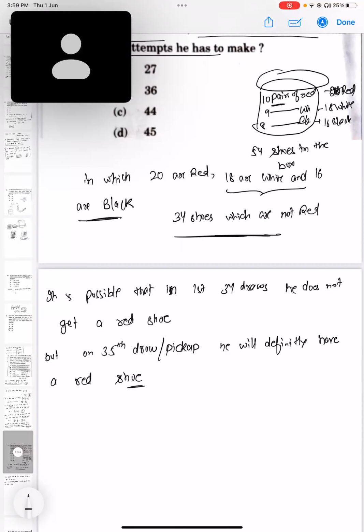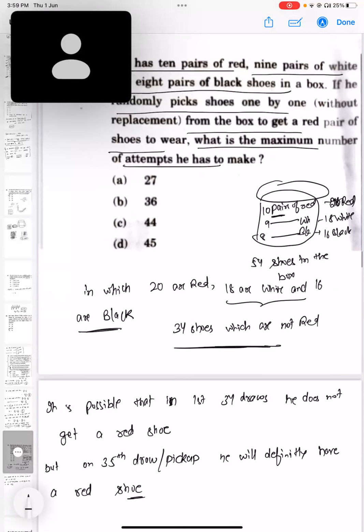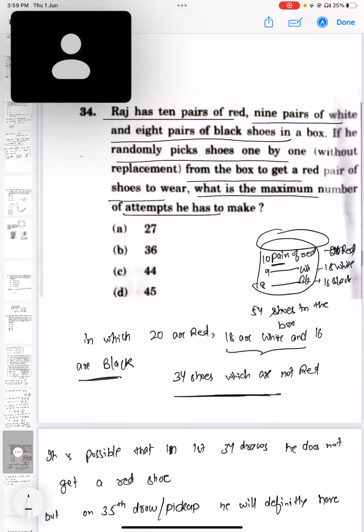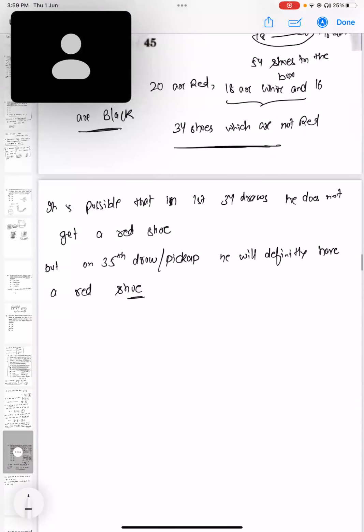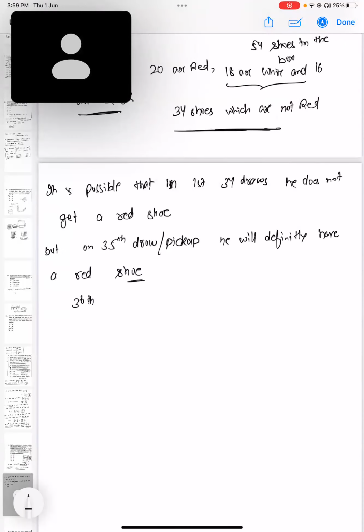But the question is saying that he has to get a red pair, right? So pair is important in this question. To get a pair, he should have a 36th draw also. He will get another red shoe.